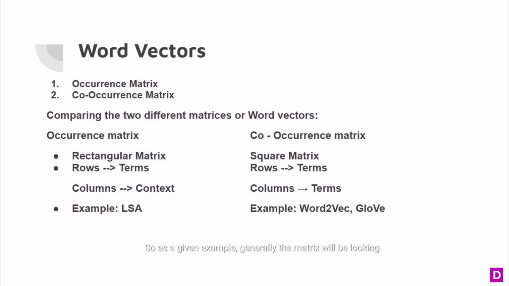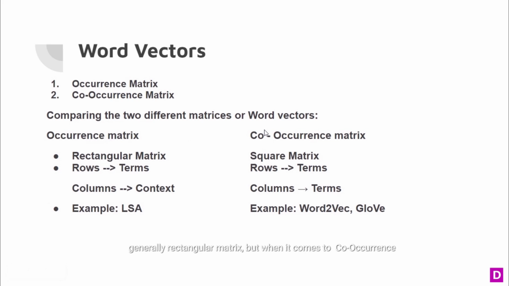As a given example, there are different sentences, but we have only a few words to compare with. So the number of rows will be lesser than the number of columns. Hence, it is a general intuition that it would be the shape of a rectangle. That's why the shape of the occurrence matrix will generally be a rectangular matrix.